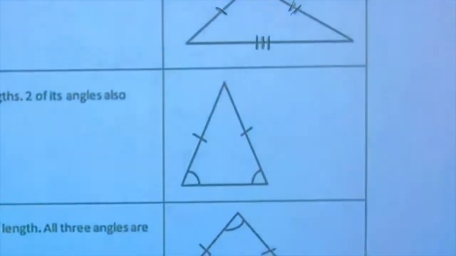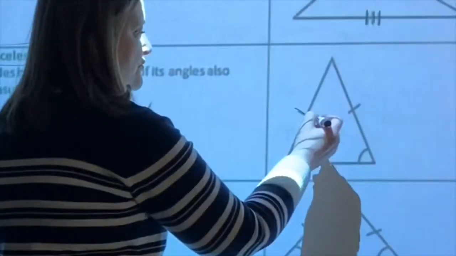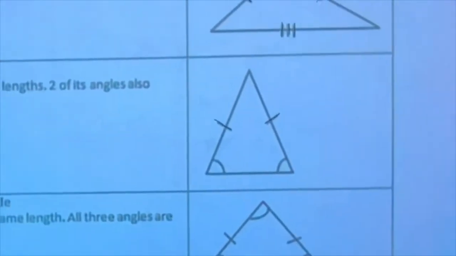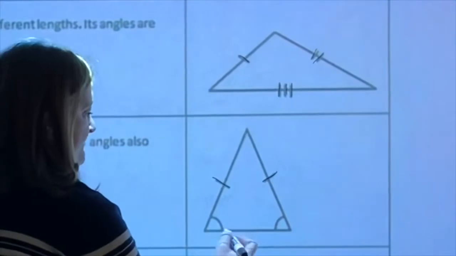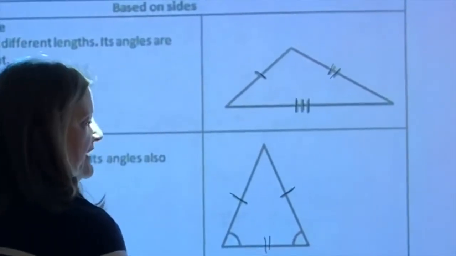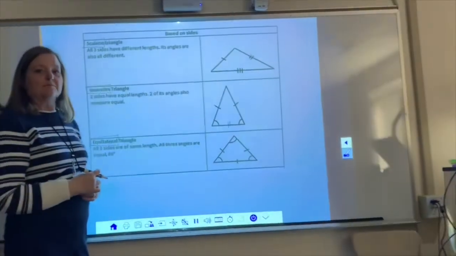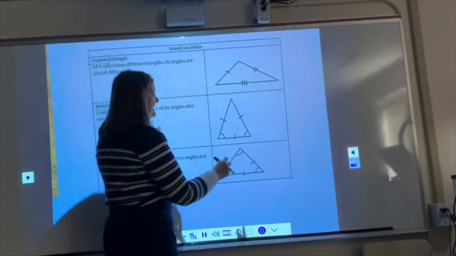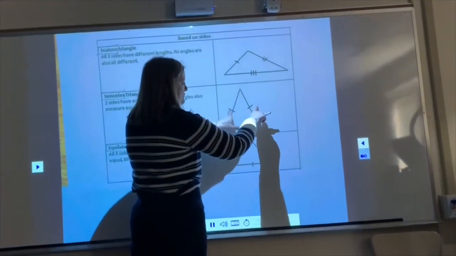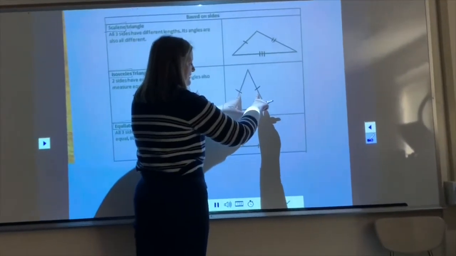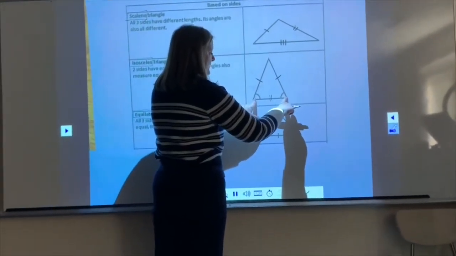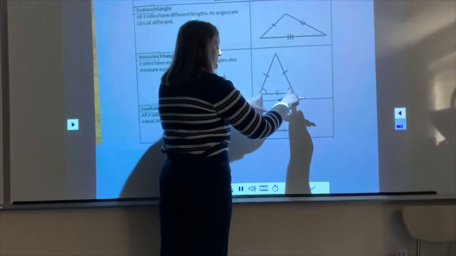An isosceles triangle has two that are the same length, and the third one is different. We could put like 2 right here to show that that is different. The interesting thing about isosceles triangles is that the two sides that are the same right here, if you go down to the bottom and look at the angles, these two angles are going to be the same.